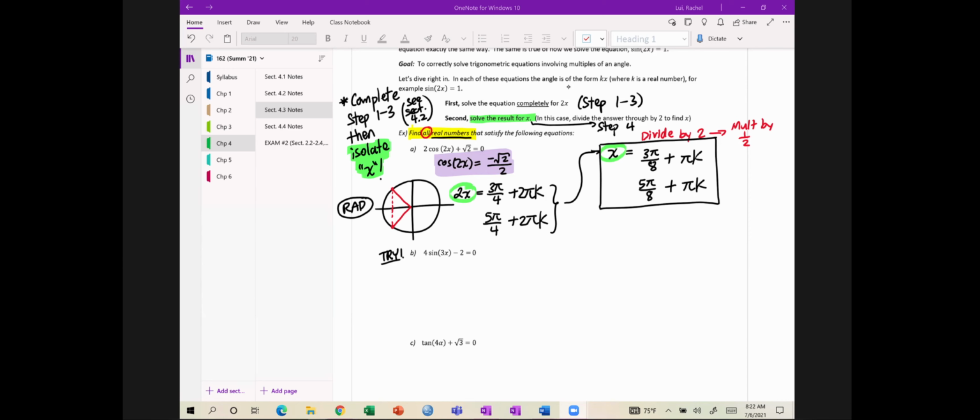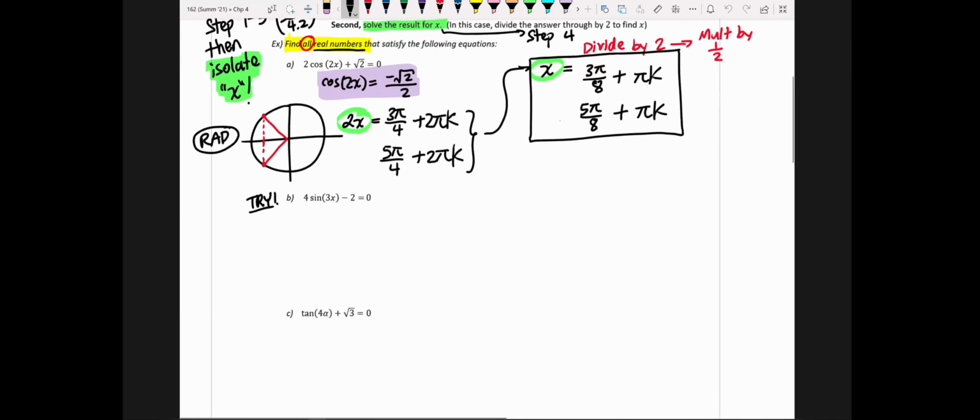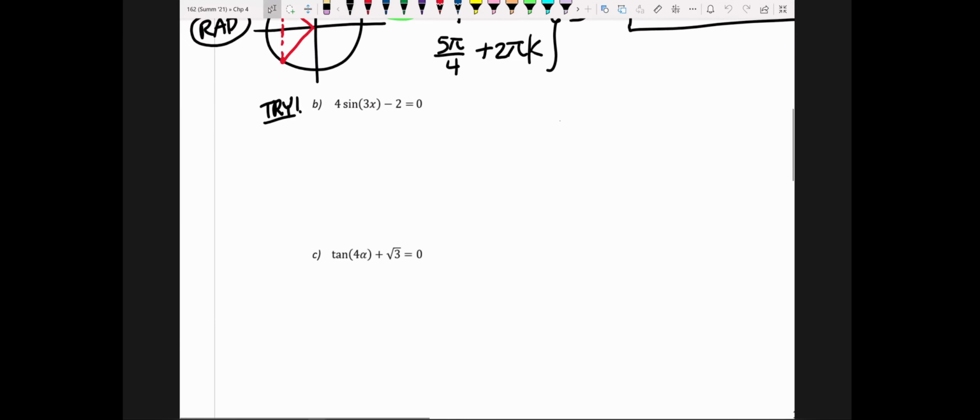Okay, great. I see more answers coming in. So let's go through the solution together. We will start with Miguel, then Hector, then Genesis. Okay, so Miguel, help us with step 1. What do we have after we isolate our trig function?